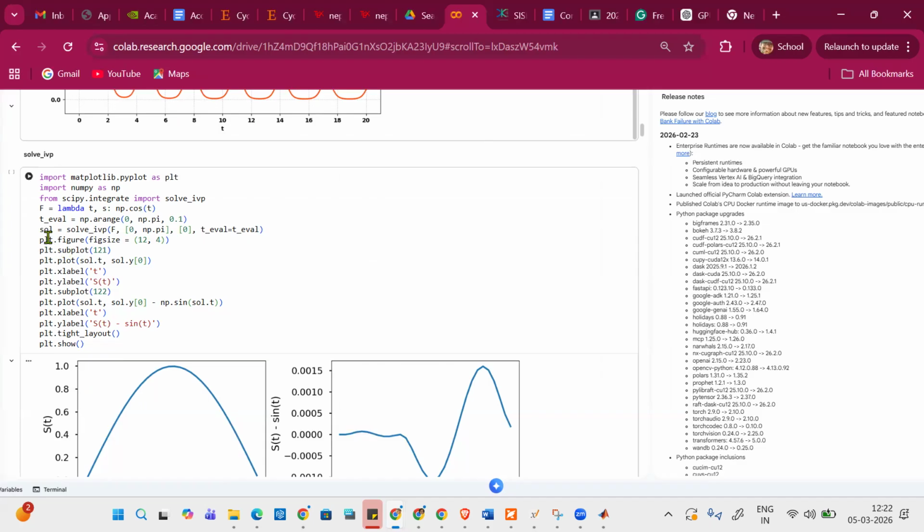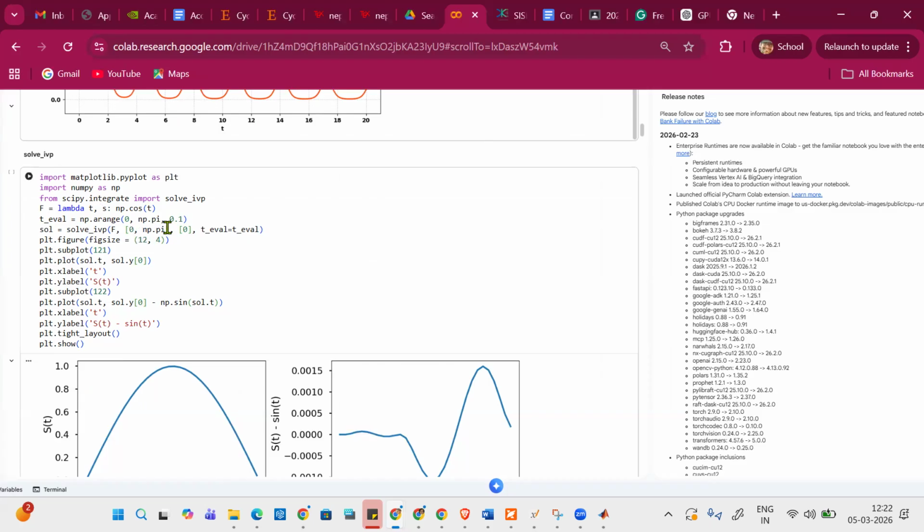So what I am doing, t_eval is np.arange 0 to pi, with 0.1 step size. Then I am storing the solution in a solve variable. solve_ivp, this is what we will use now. Capital F is your lambda function, that is cos t you are passing.